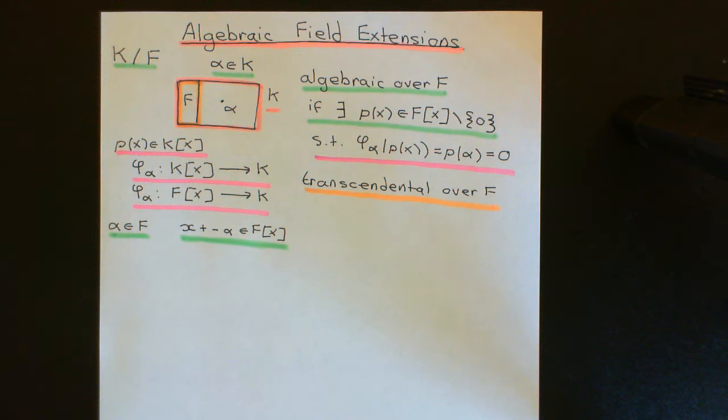Okay, right. So there's the definition of an algebraic element and a transcendental element. Let me now give you the definition of an algebraic field extension.